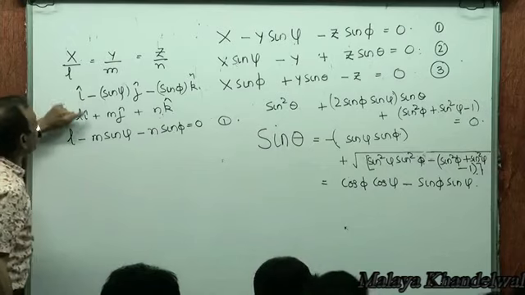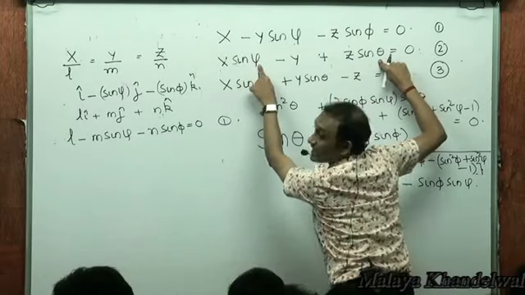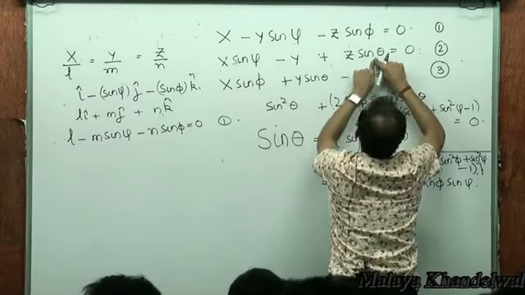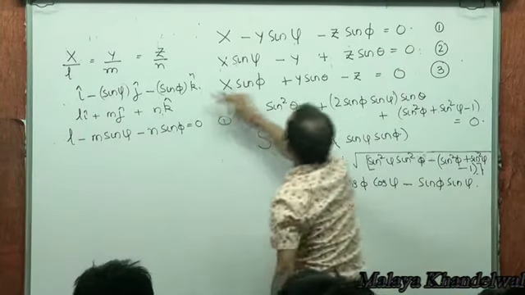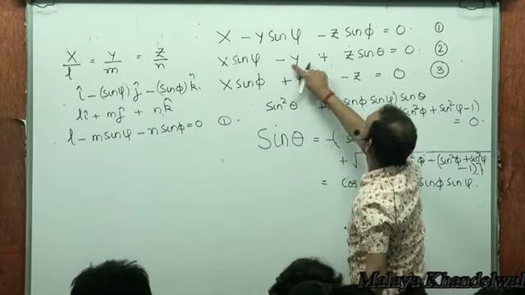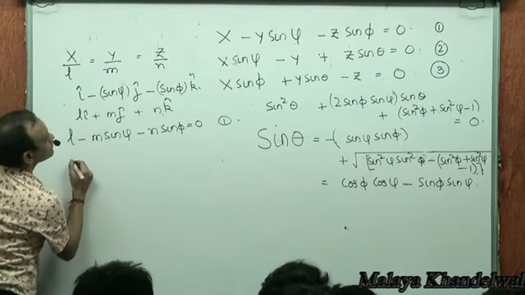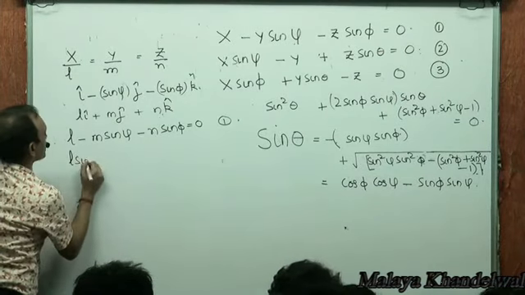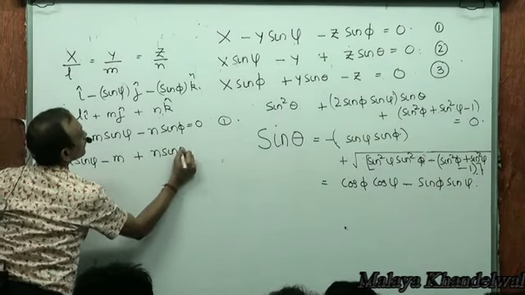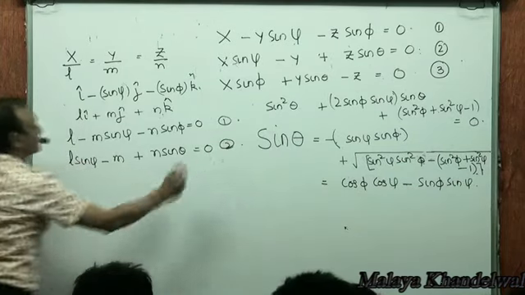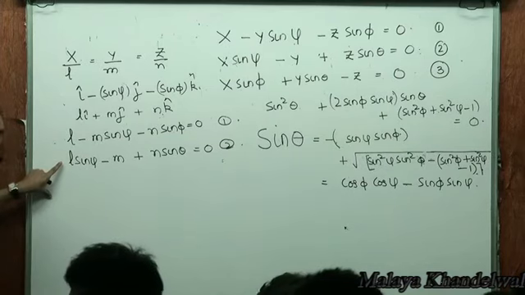Right? Similarly, Li plus mj plus nk will also be perpendicular to sine xi I cap minus j cap plus sine theta k cap, yes or no? Right? So this dot sine xi I cap minus j cap plus sine theta k cap must be 0, right? So I end up getting L sine xi minus m plus n sine theta is 0, yes or no? Now I can use the rule of cross multiplication.